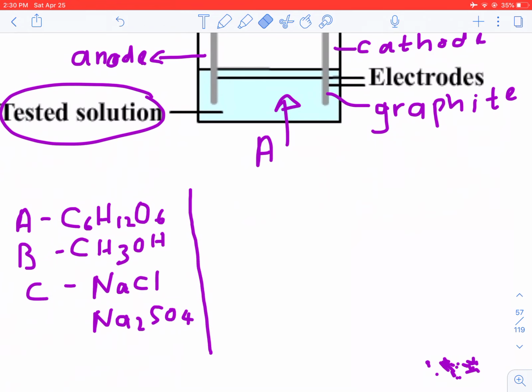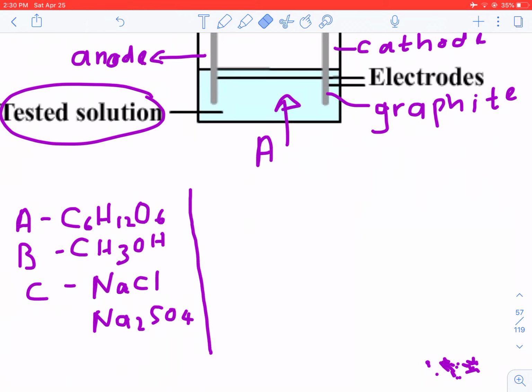Now we know sugar, C6H12O6 or sucrose, is a molecular substance, so the bulb doesn't light up and the ammeter shows no reading.